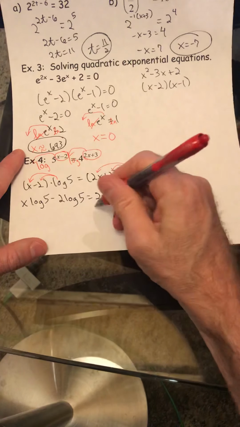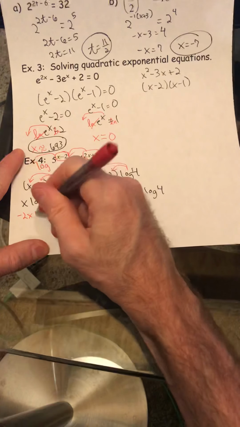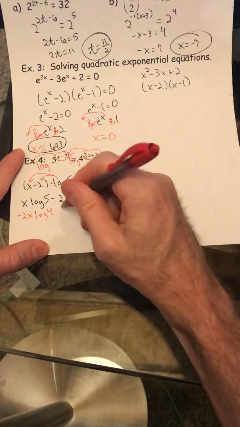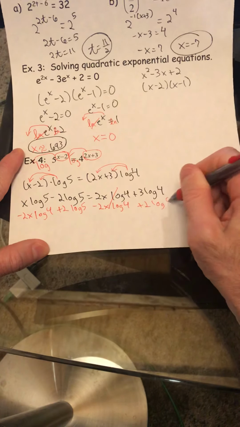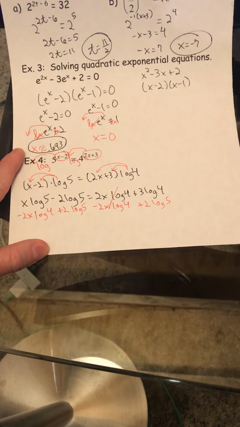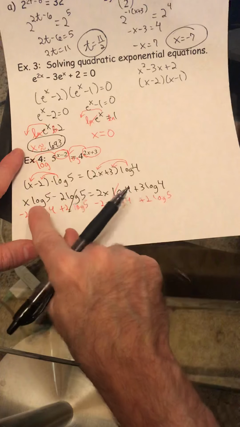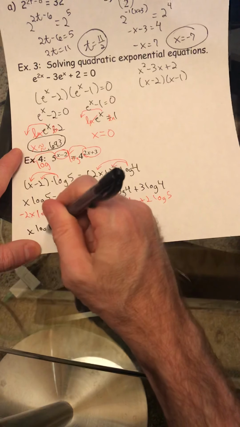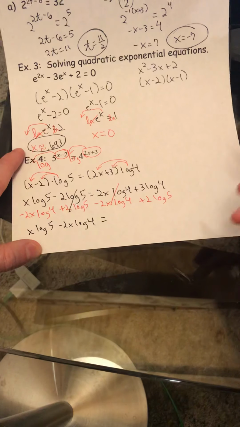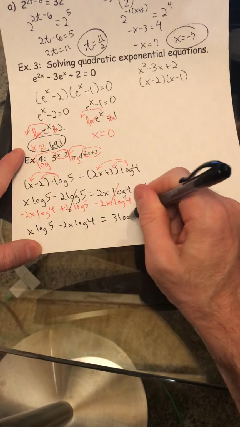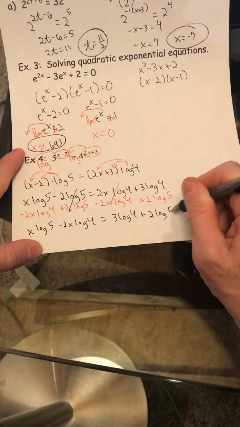So, I'm going to subtract this over and add this over. Now, we can't technically combine any of these, but what we can do: x log 5 minus 2x log 4 equals 3 log 4 plus 2 log 5.